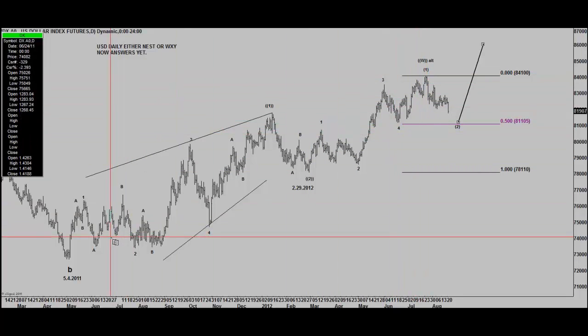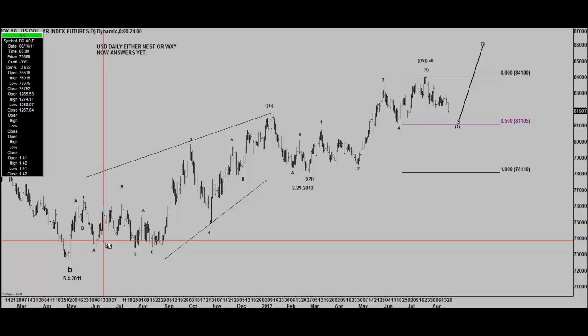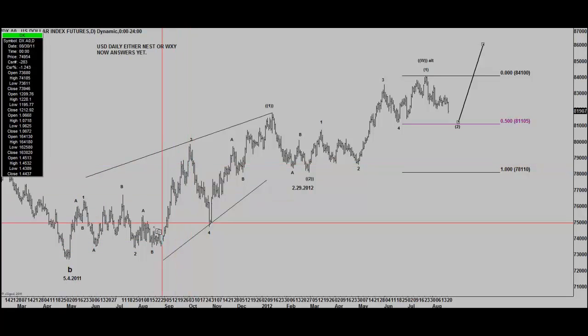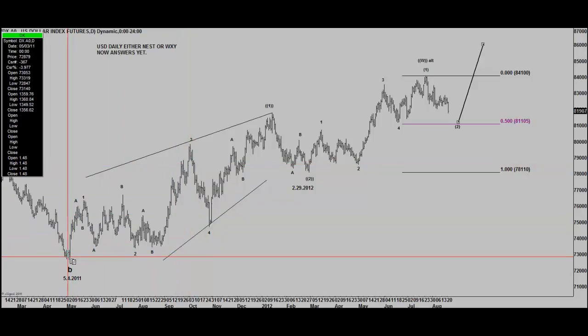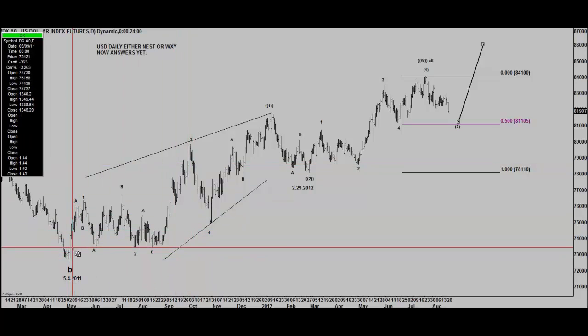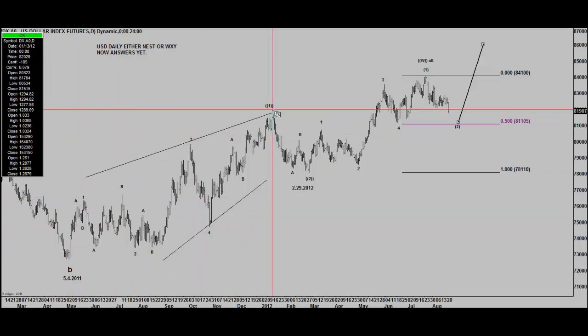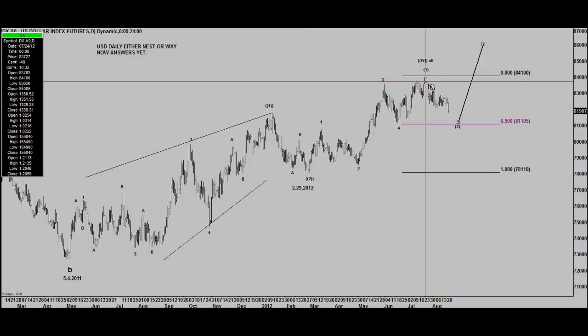We believe that a possible nest is taking place. We're kind of forcing the count a bit and calling this first leg a leading diagonal, 5 waves: 1, 2, 3, 4, 5, a connector or a wave 2, and another 5.